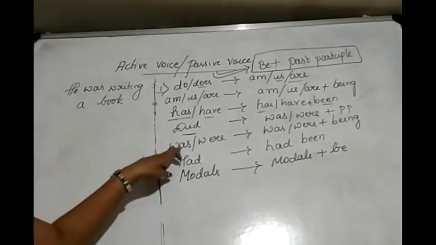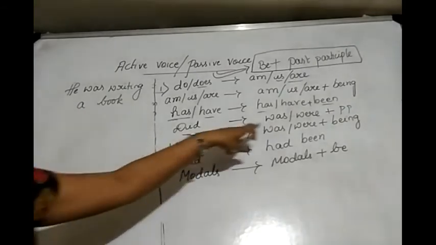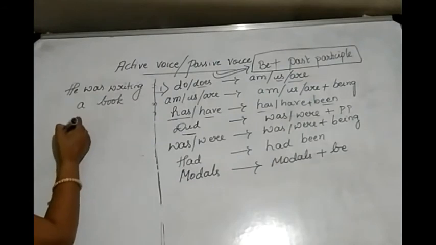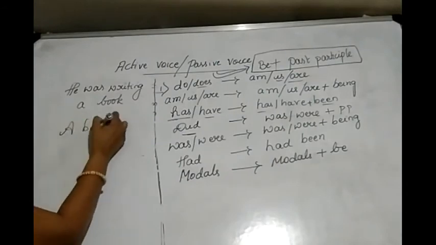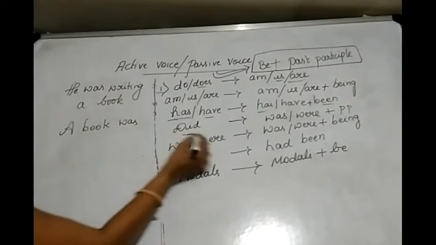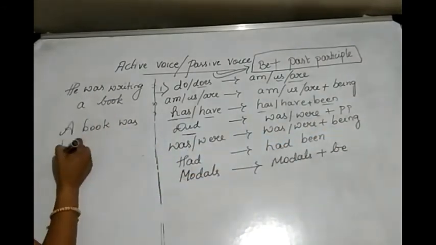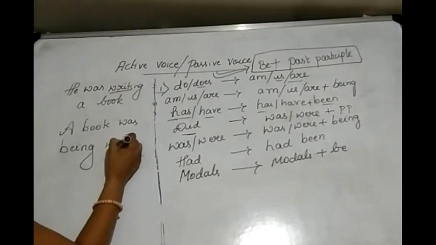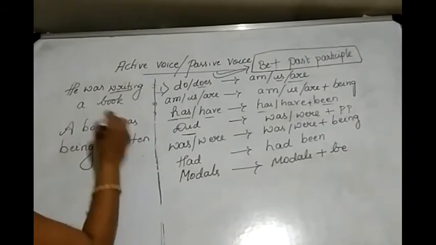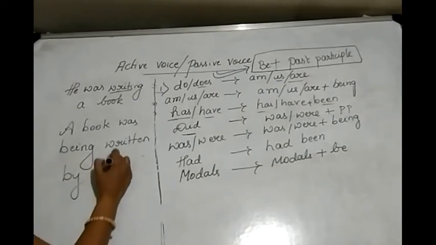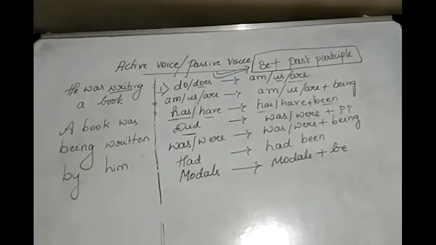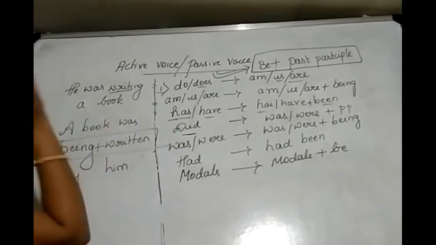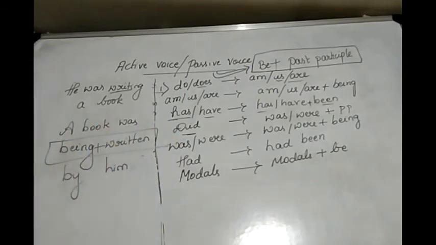If we have was, then we have to add was plus being. So this becomes a book was being, write becomes written, then by him. So this is be plus past participle. This is the formula of a passive voice.